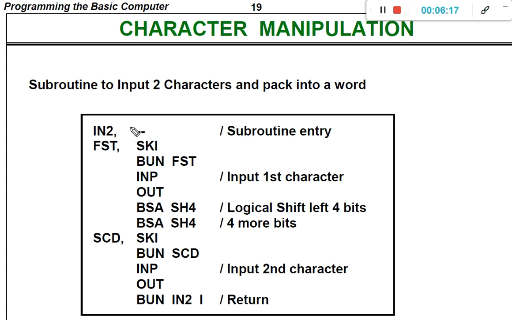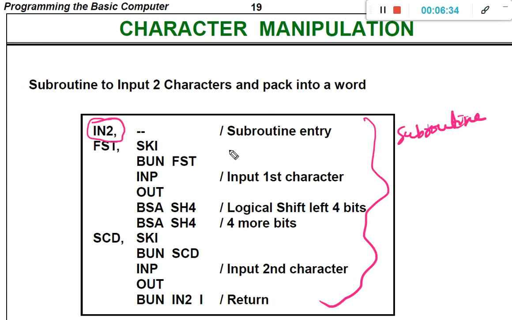So how are we going to perform this? For that purpose define a subroutine IN2. So remember that this is only the subroutine code, not the main program code. Main program code is not there. We have assumed we have written the main program code, and inside the main program we have called the subroutine starting with IN2, and we have entered into the subroutine.